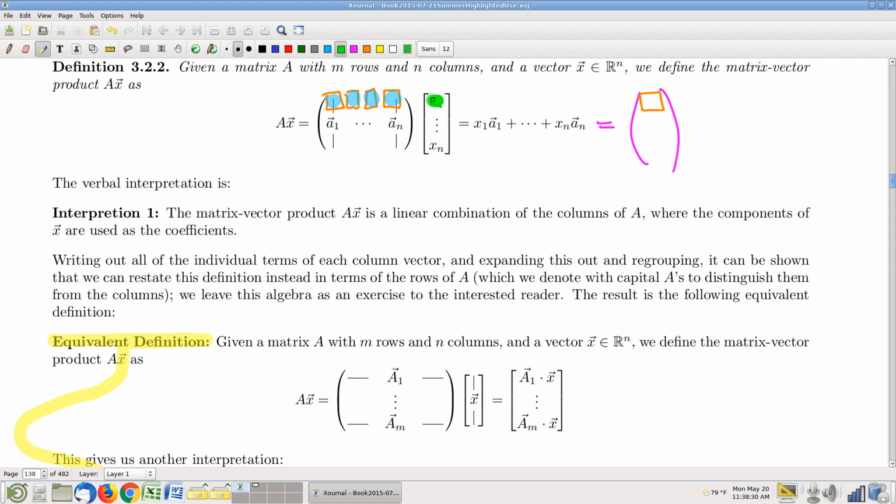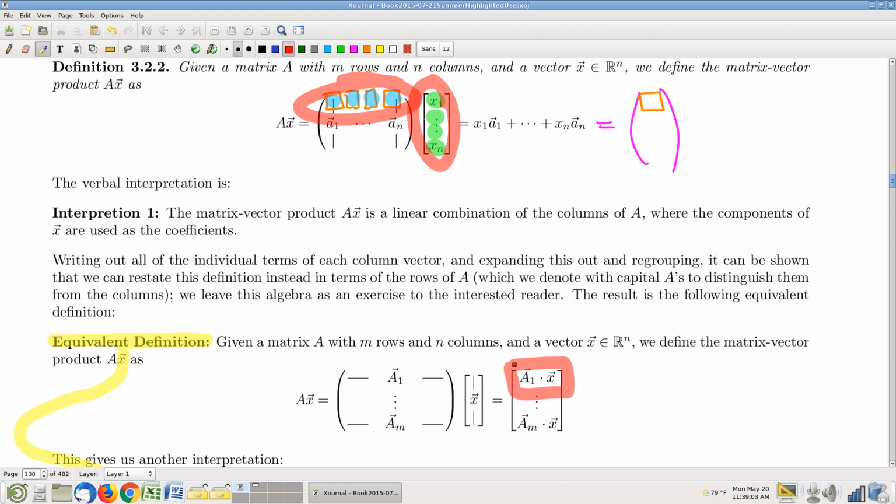And there's a silly little observation to make: a linear combination of just a list of numbers, this times that, plus that times that, plus that times that, etc., is a dot product. So it is. This times that is that dot product.